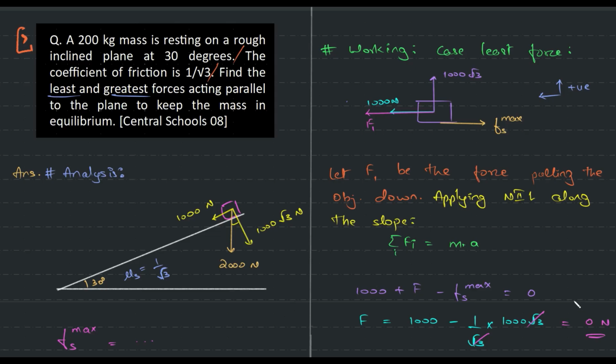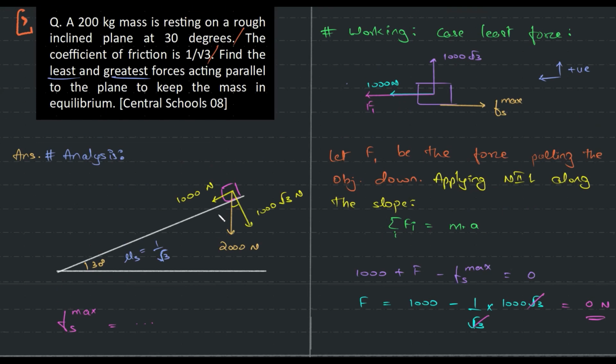You guys agree? 1000 minus 1000 means there's no least force, you can't apply any force pulling the object down. It's just there, exactly there. A bit more up, even a degree, and it'll start sliding.